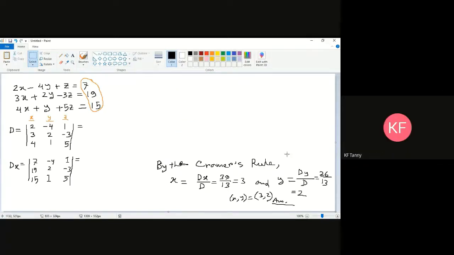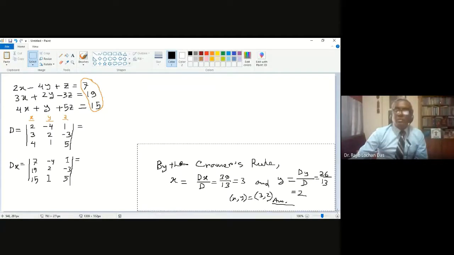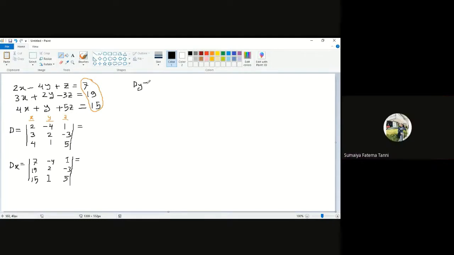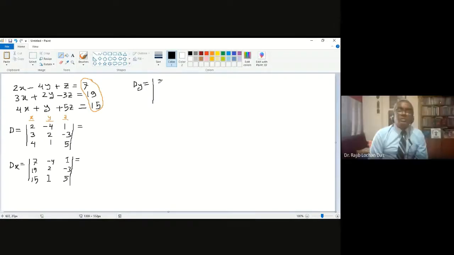Now you write another determinant, which is dy. So how you will write dy? Think about dy. Sir, the first and third columns will be the same, right? So 2, 3, 4 and 1, minus 3, 5.